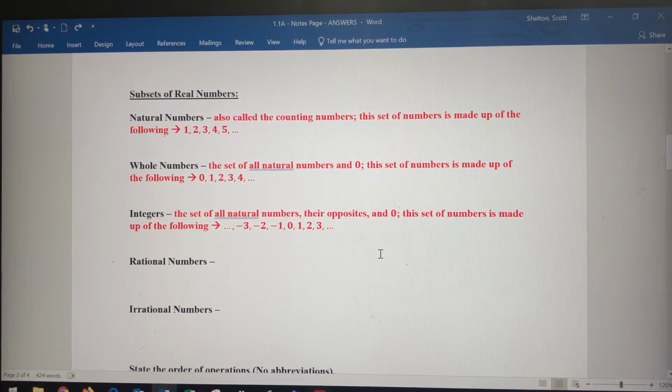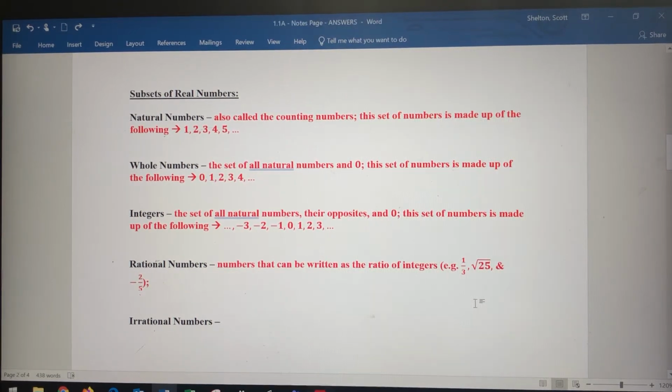Rational numbers. And this is where sometimes it gets a little confusing between these two. Generally, natural numbers, whole numbers, and integers are pretty easy for people to remember. With rational numbers, okay, it's numbers that can be written as the ratio of integers, okay? And there's some examples given here. 1/3 is a rational number, okay? Square root of 25 is considered a rational number.